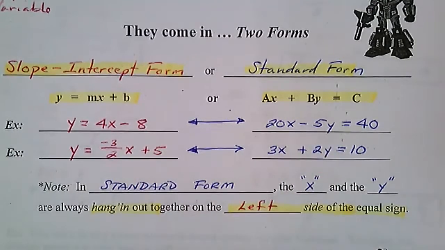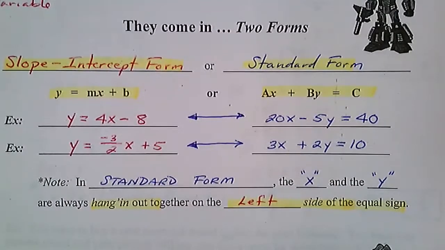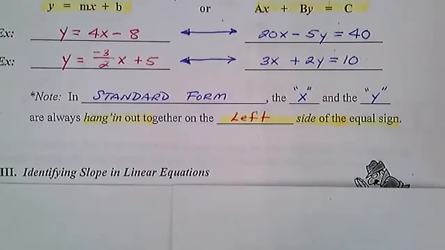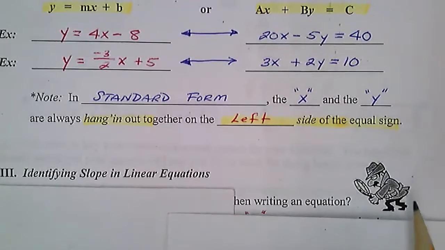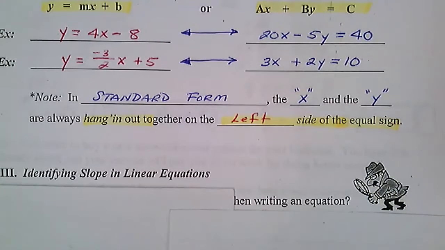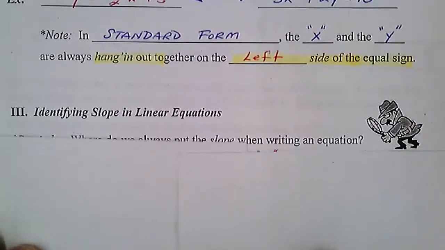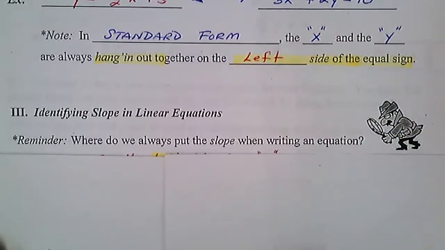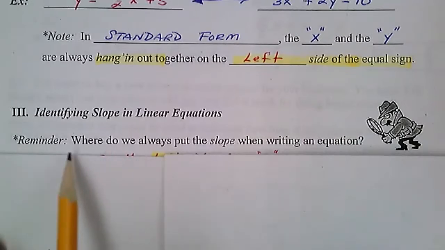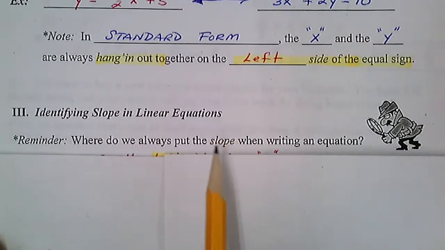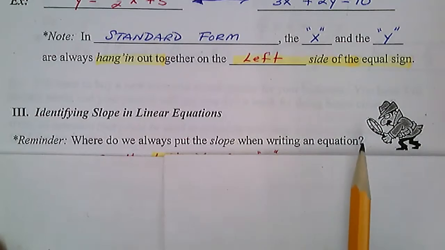Okay, so now let's look at some equations and let's see if we can find the slope. We're going to be a little detective, right? That's why I've got this little detective floating around, because we want to investigate and identify the slope. Here's a little reminder. Where do we always put the slope when writing an equation?